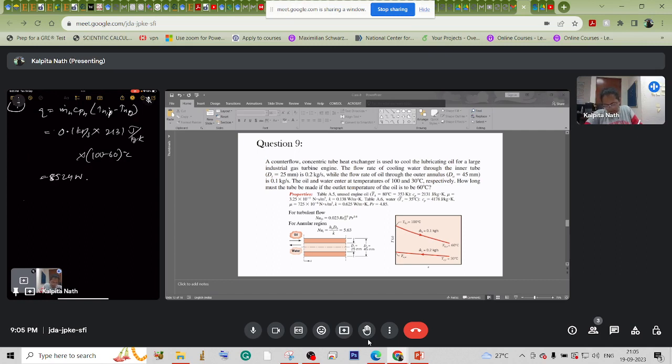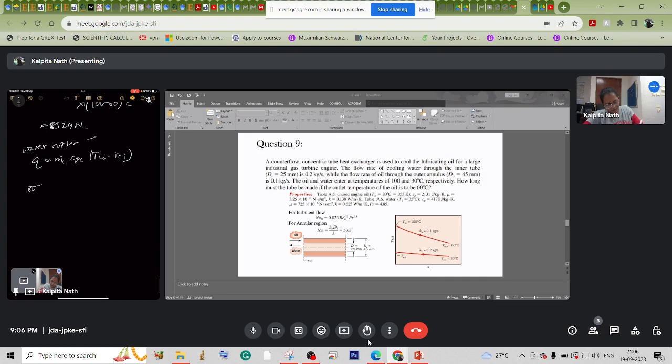Now, this is for oil. Now for the water outlet temperature, Q is equal to mc dot Cpc (Tc out minus Tc in). So this is 8524 upon mc dot Cpc, where mc is 0.2 kg per second and Cpc is 4178 joule per kg Kelvin, plus 30 degrees Celsius.